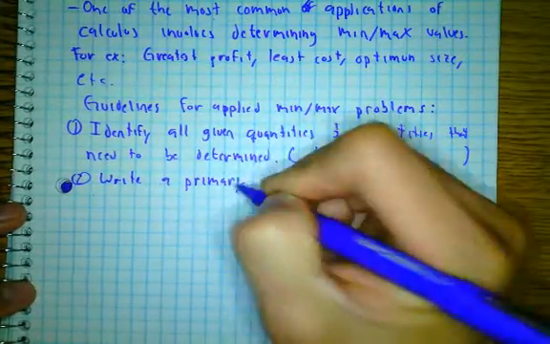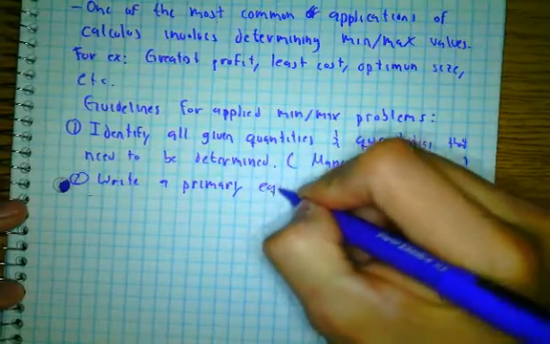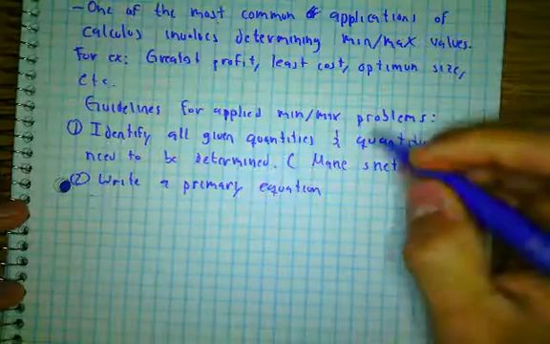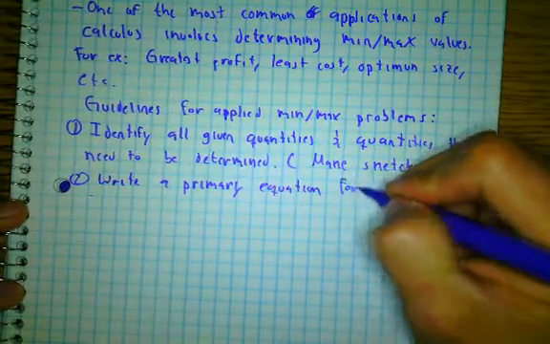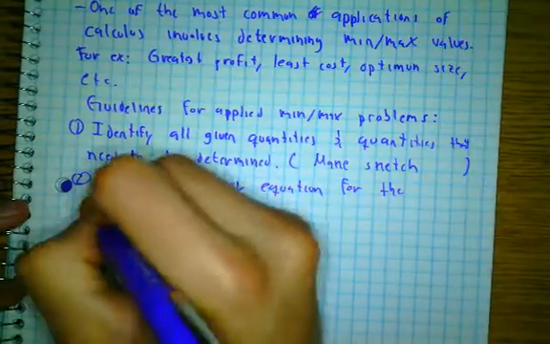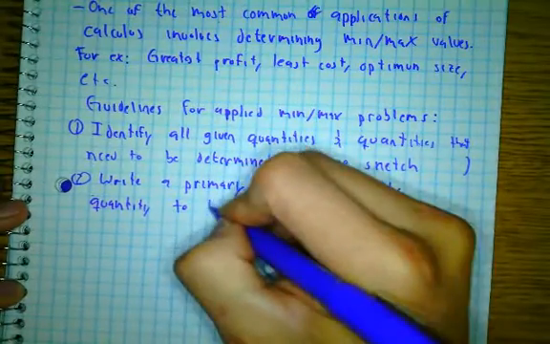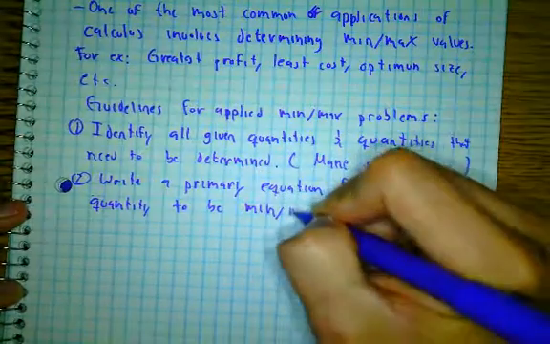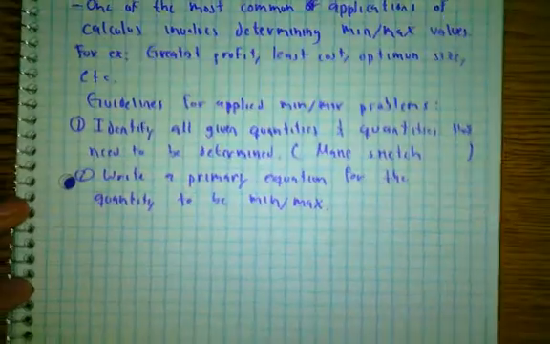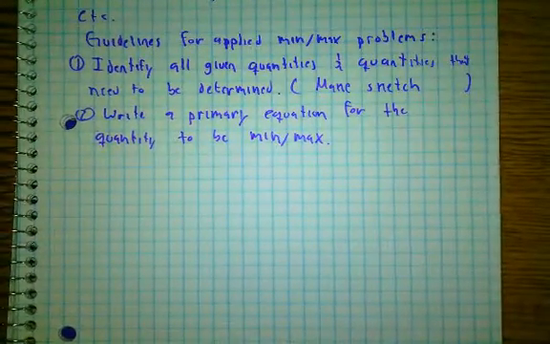Step number 2 would be to write a primary equation for the quantity that is going to be minimized or maximized.